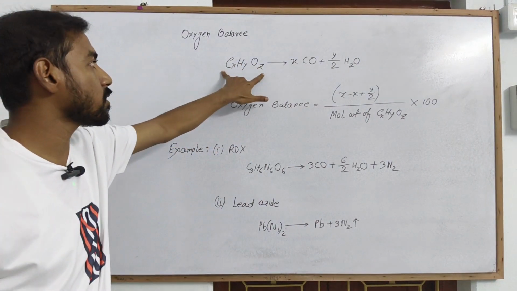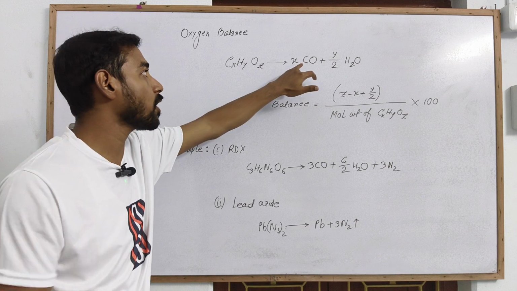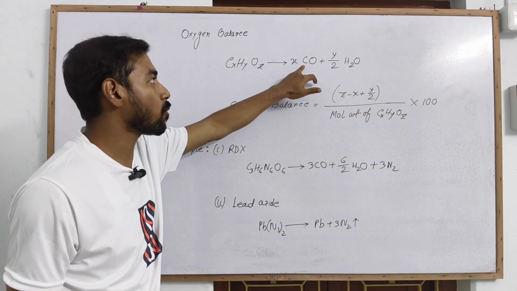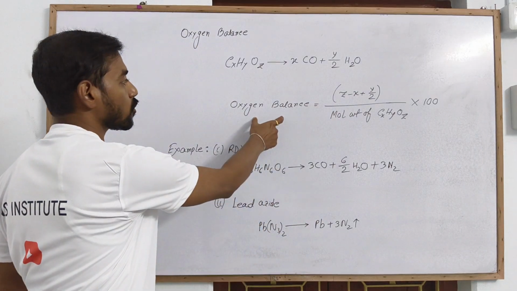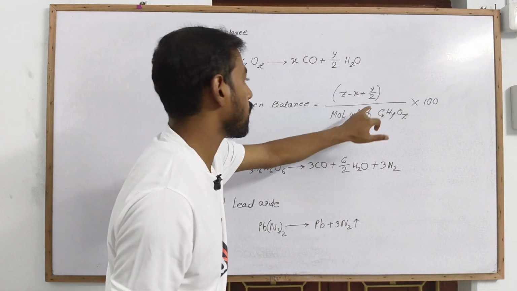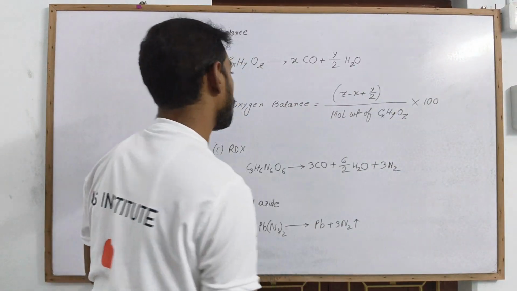So, for example, this is an explosive CxHyOz, which after explosion gives x moles of carbon monoxide and y by 2 moles of water vapor. Then you will calculate the oxygen balance as (z minus (x plus y by 2)) divided by the molecular weight of that particular explosive, into 100.